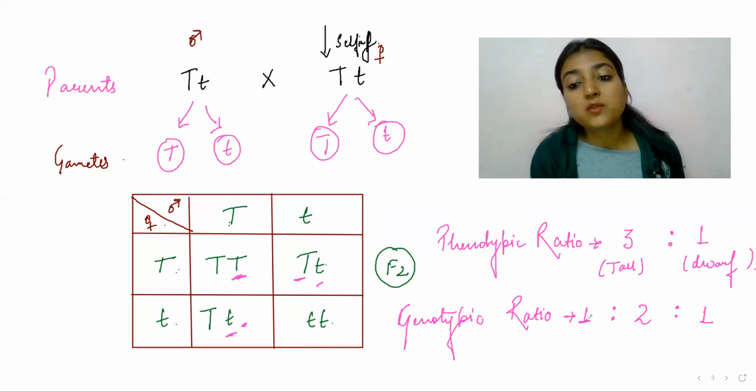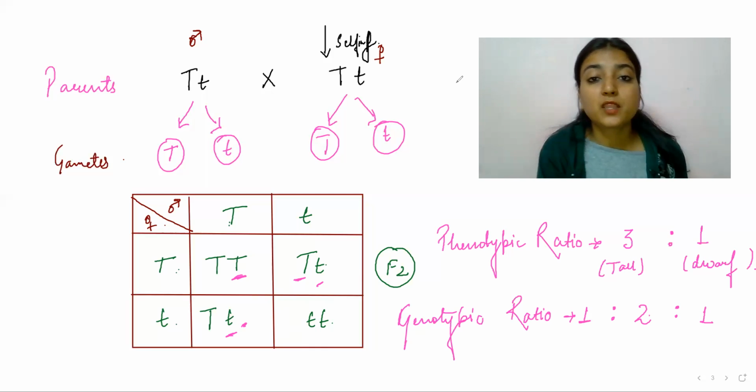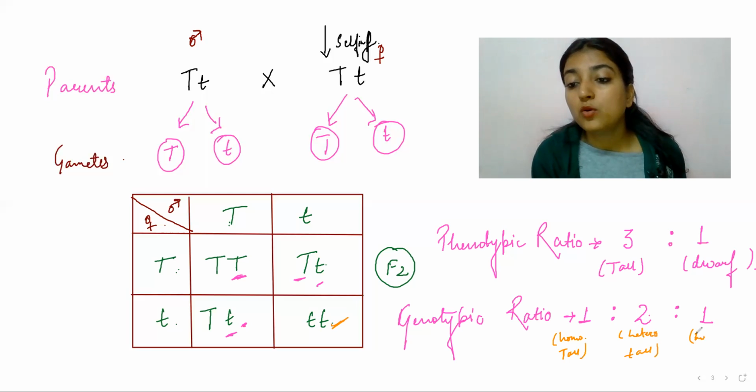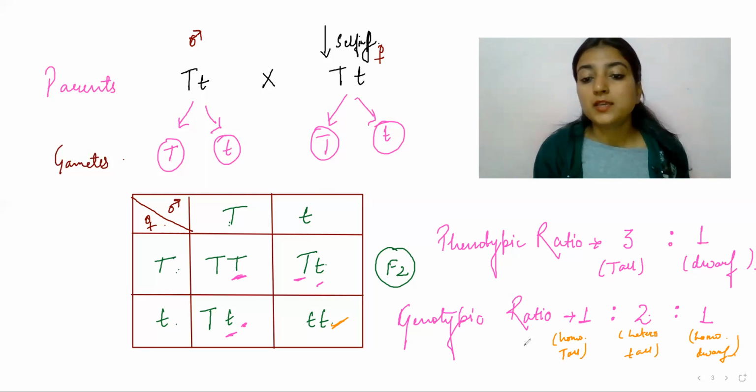So the ratio will be 1:2:1, where 1 is homozygous tall, the 2 is heterozygous tall, and the third one, this one, is again homozygous dwarf. Okay, now this is the monohybrid cross.